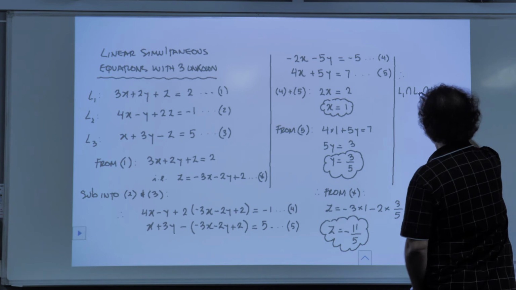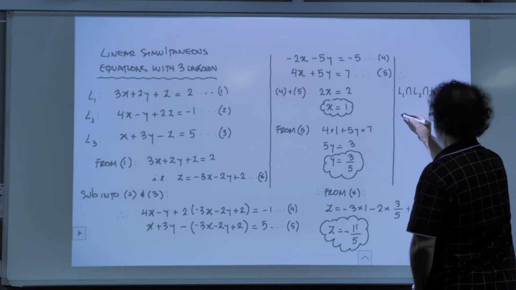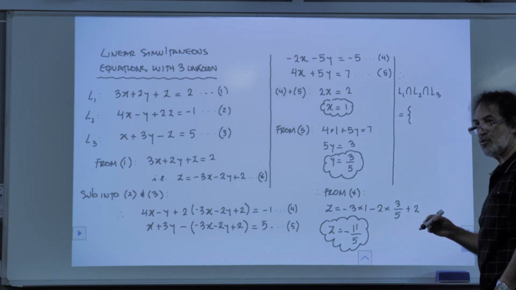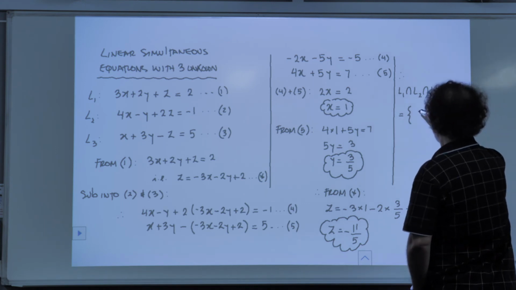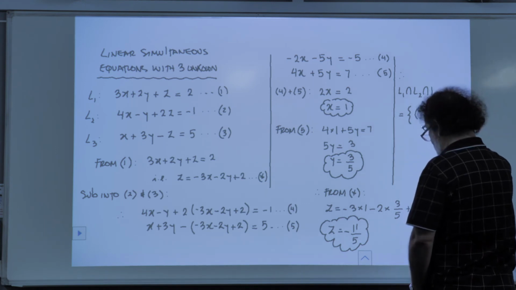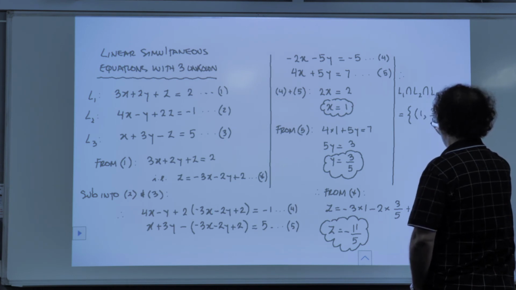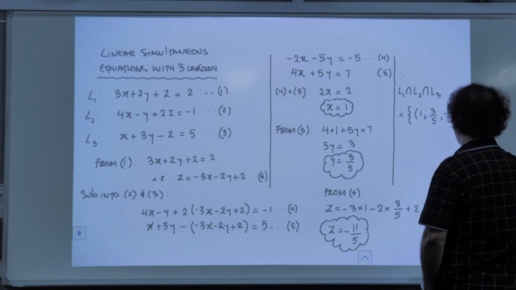Let's see if I can do a better one. Okay, so I'm going to do it in here, right? So that is going to be a triple. So it's not going to be a couple, but it's going to be a triple. Okay, so x is going to be equal to 1. y is going to be equal to 3 over 5. And z is going to be equal to negative 11 over 5.